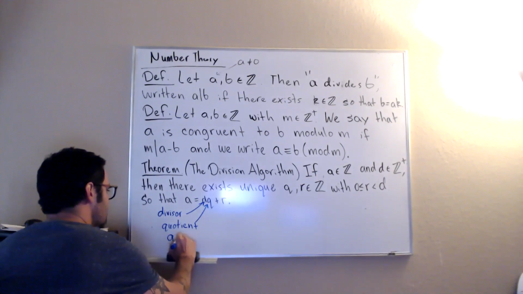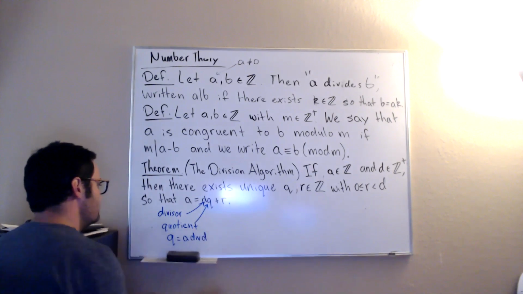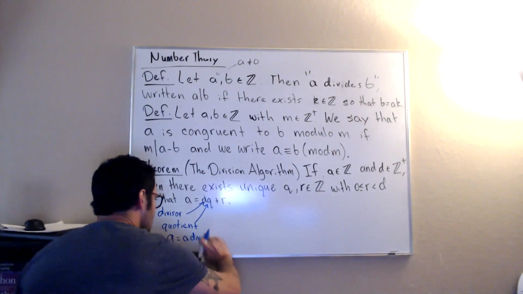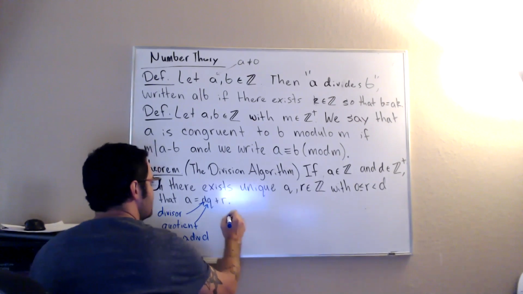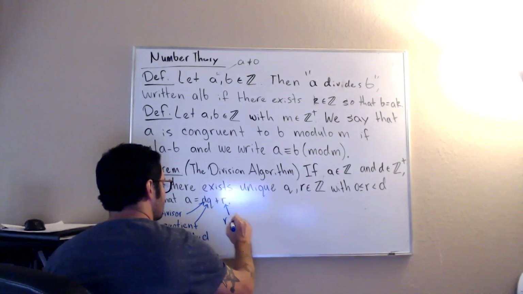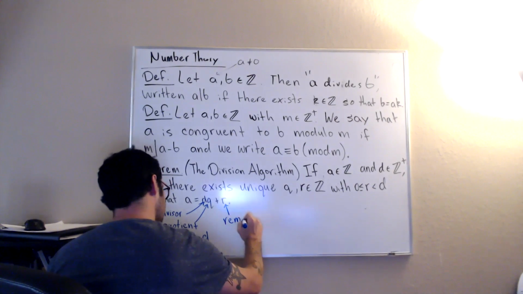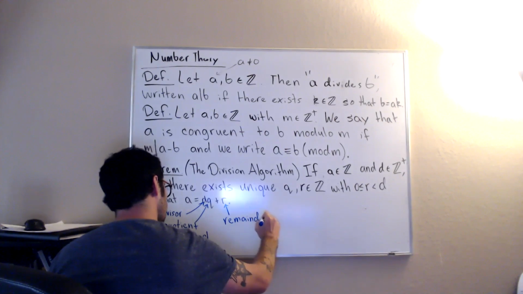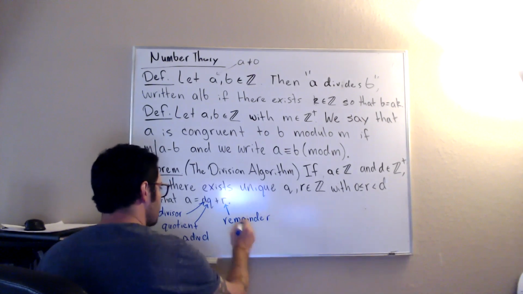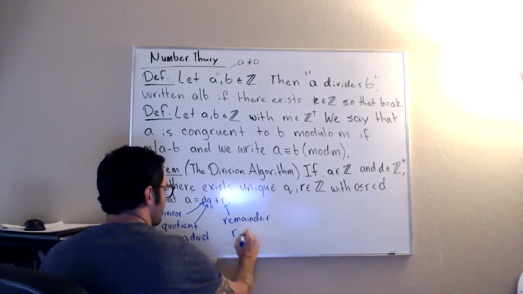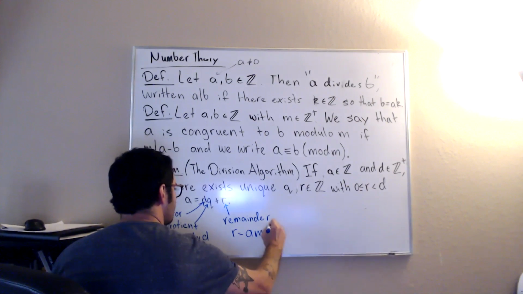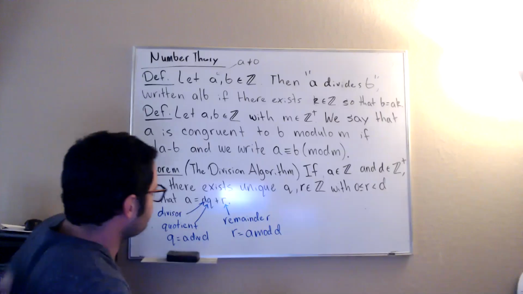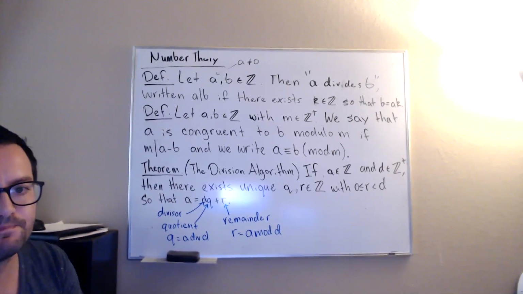The notation, so Q is equal to A div D. And then here R is called the remainder. Okay, and there's special notation for that. R is said to be equal to A mod D.